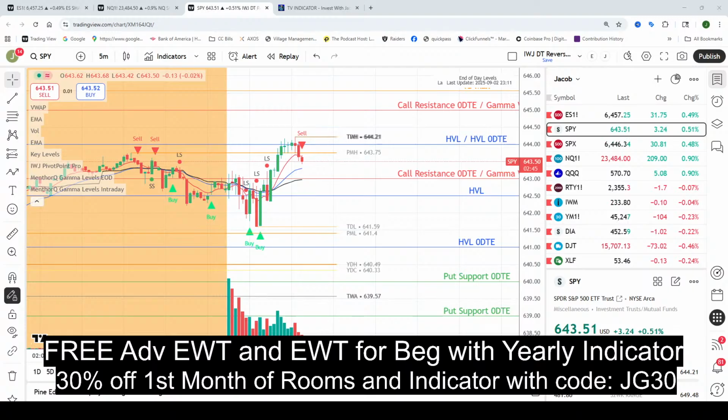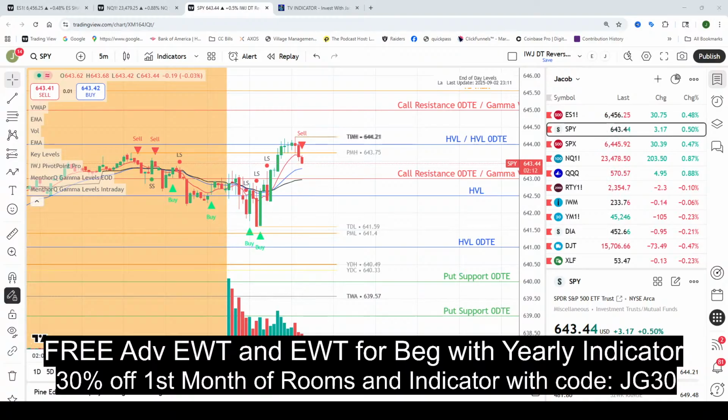Breaking down below the 21 would be a strong move from the bears. Breaking VWAP would be very likely an indication we're headed back to the pre-market low. RTY has turned red now.